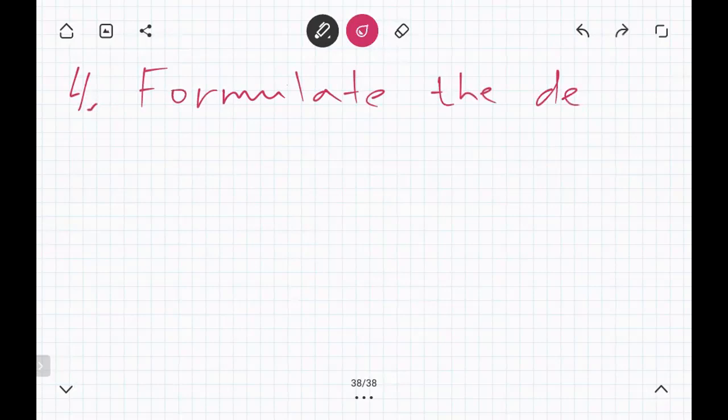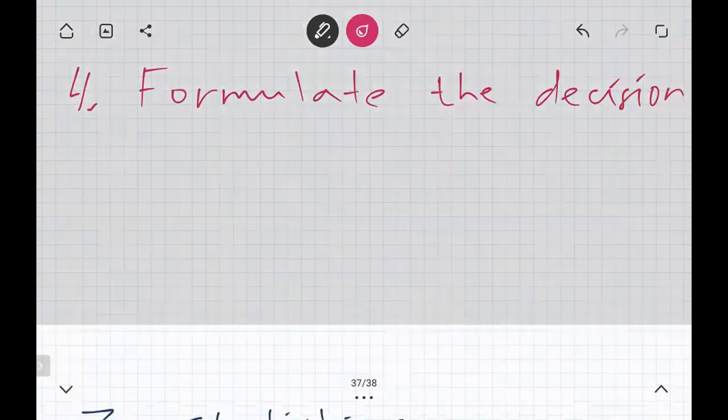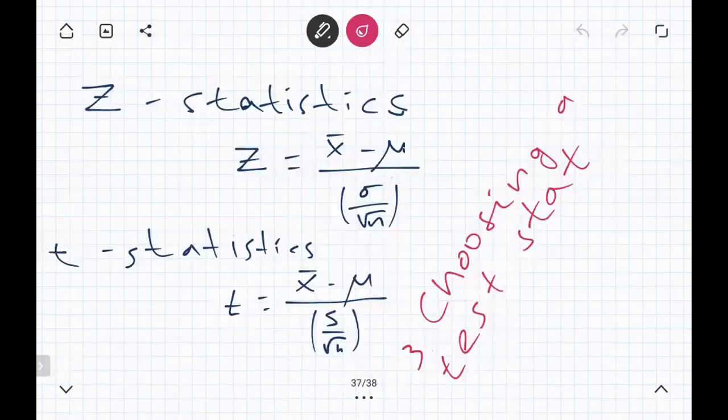But what was the third step? Oh, choosing the statistics that we will use. So you mean Z or T statistics? Yeah, in this case, it's Z or T. In fact, you have different kinds of statistics. There is a thing called chi-square statistics, or R statistics and so on. They are used in different places for different cases.